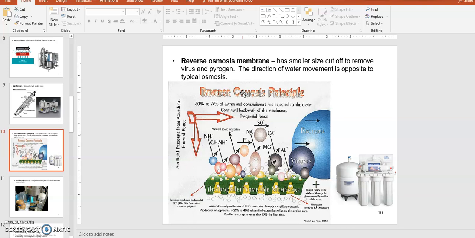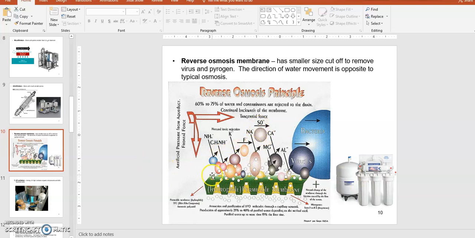So you're forcing water, so water can go through this filter that has very small pore. On this side, there may be lower concentration water, and that may have higher concentration water because more water will go through this side and contaminants will be trapped there. So since the direction of water movement is opposite to osmosis, it's called reverse osmosis. It's a way of describing the directional move of the water molecule.